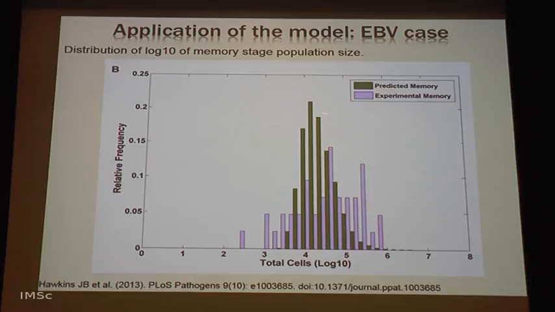And in purple, you see what has been measured in EBV patients. What you can see is that these two distributions are, in terms of the center of the distribution, the mean, statistically not distinguishable. This is interesting because when we constructed the model, we didn't put in any information about the size of the memory stage in infected patients.